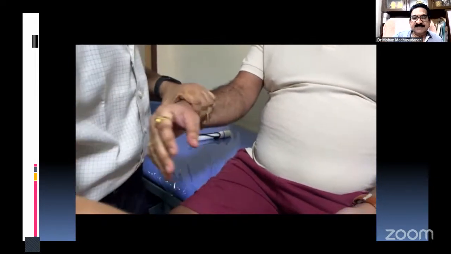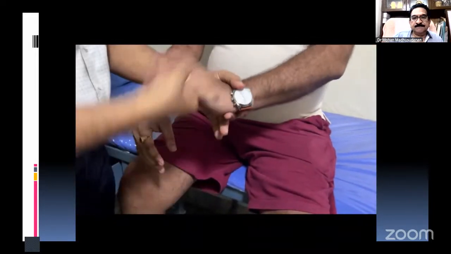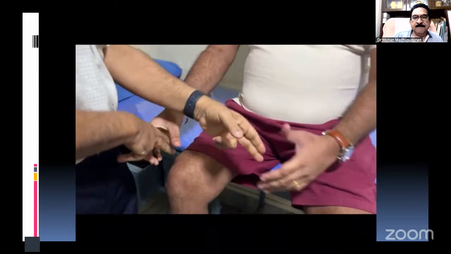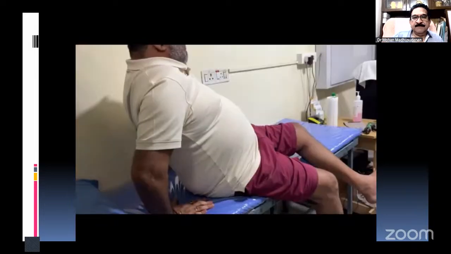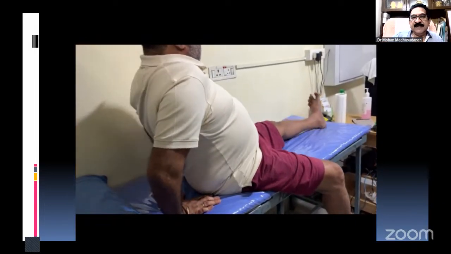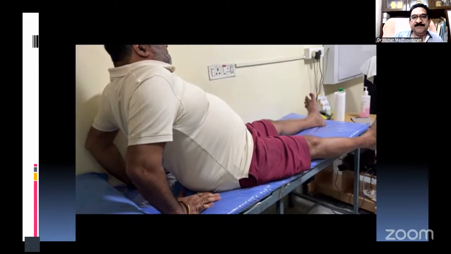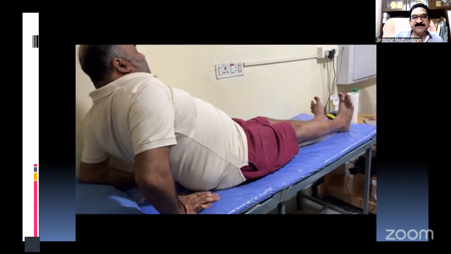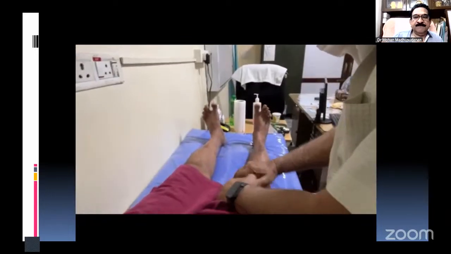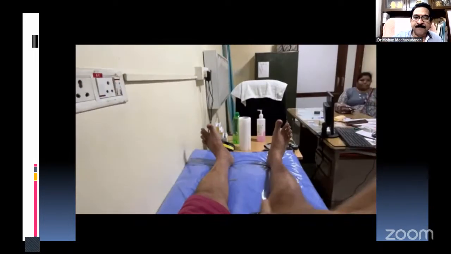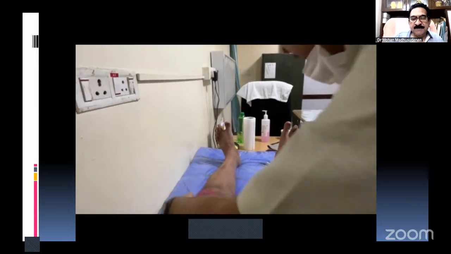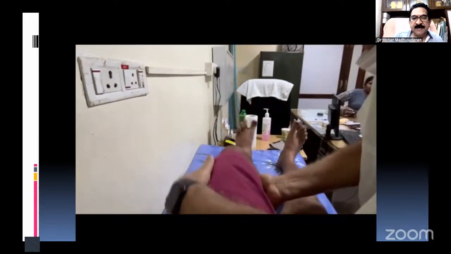There is no spasticity of the limbs. Power was normal in the upper limb. See the difficulty in getting the limb onto the bed. The way he lies down, he has a severe pain in the back. Whenever I tried to do the tone, he was screaming with pain.